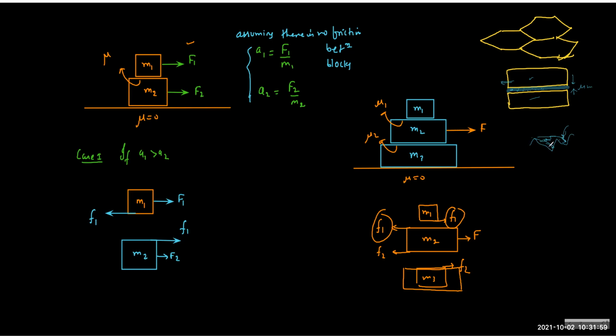Yes, tell me. Sir, if two blocks are there and we pour water in between them, and then we slide them, it is easy. But while pulling the upper block vertically upwards, it is much harder than sliding. Why? Because of the property called surface tension.